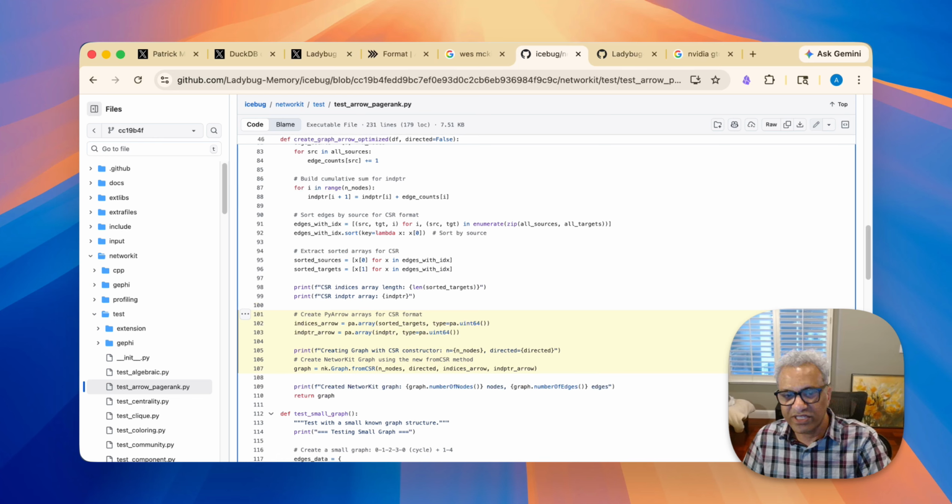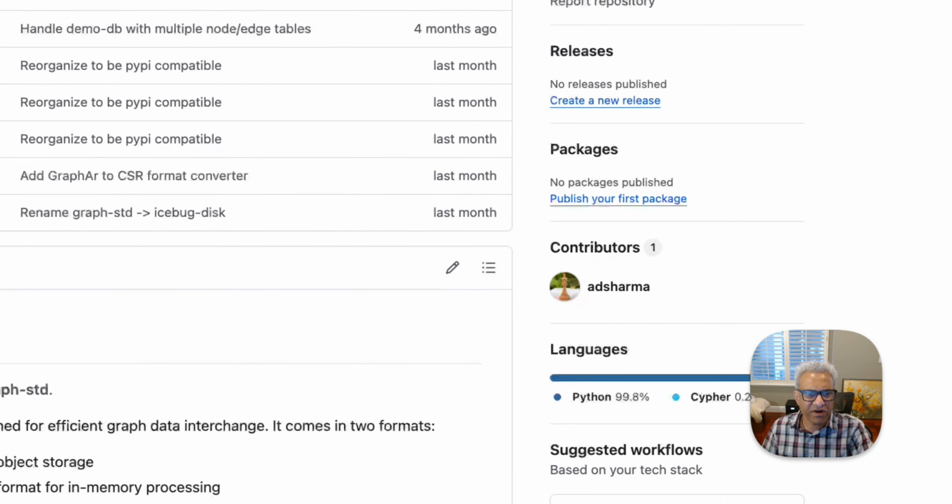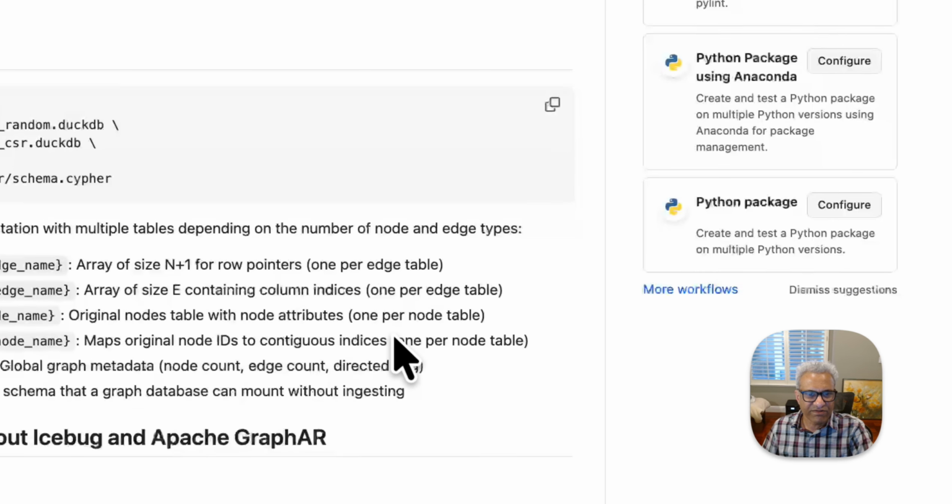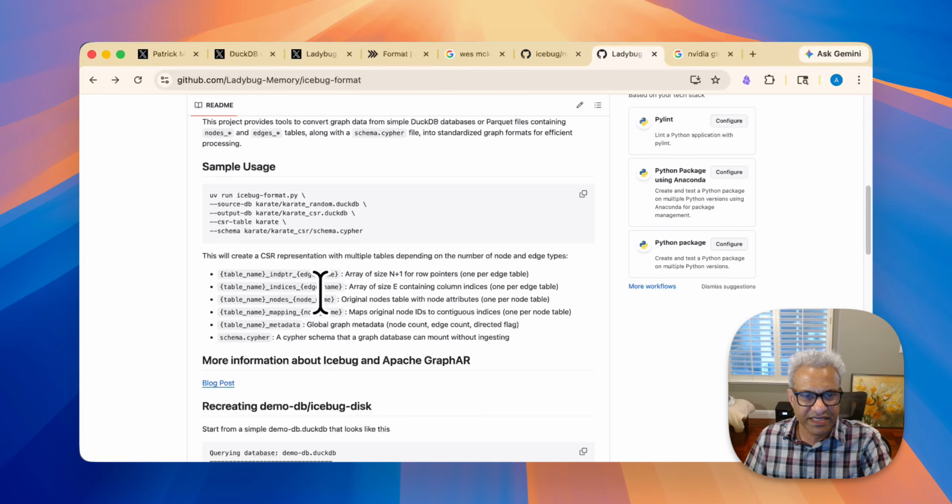Icebug is a good way to describe a frozen graph that goes with the Ladybug DB. So the Icebug format, as you know, involves a bunch of tables in CSR format, and it involves a schema.cypher file that is metadata about what tables exist and what relationships exist between those nodes and edges.